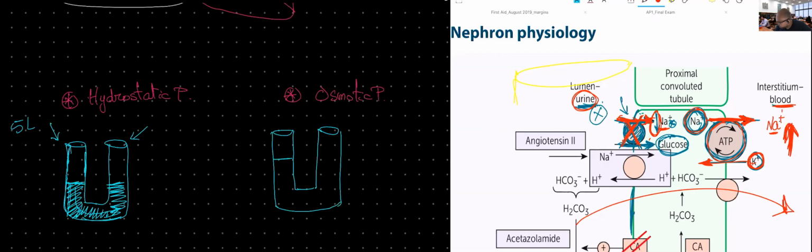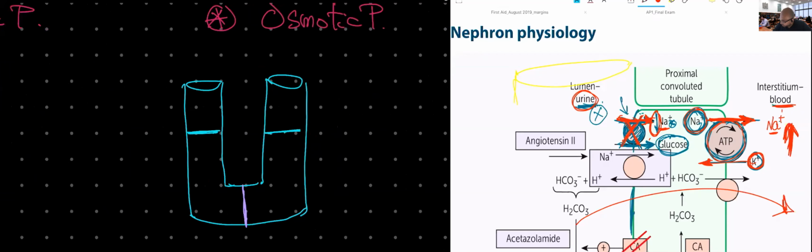So if I have the same amount of water on both sides and a membrane in between those two tubes, but one side has much more solutes, what's going to happen? By osmosis, and the definition of osmosis is the movement of water from the side with low solute concentration to the side with high solute concentration.